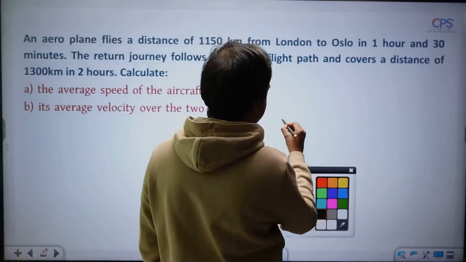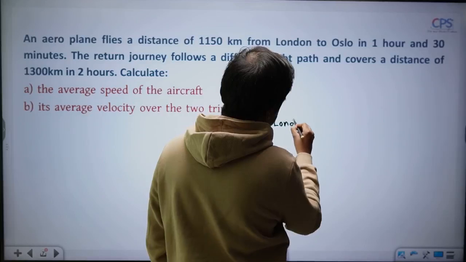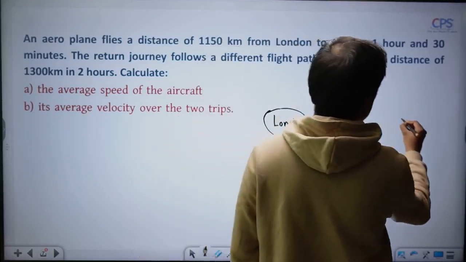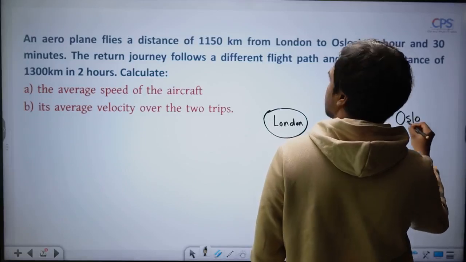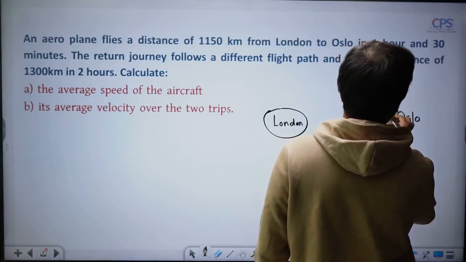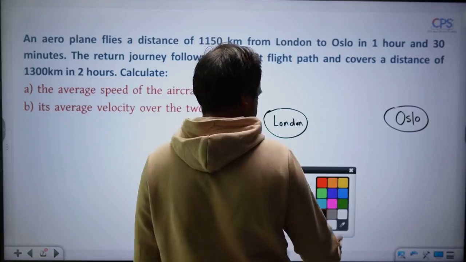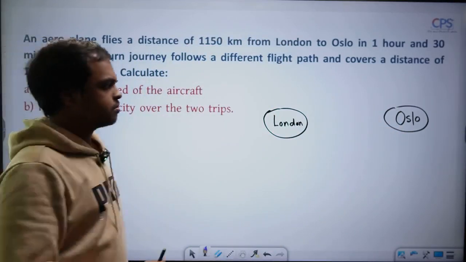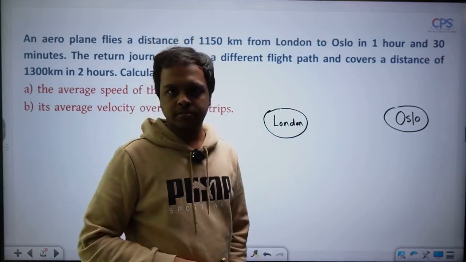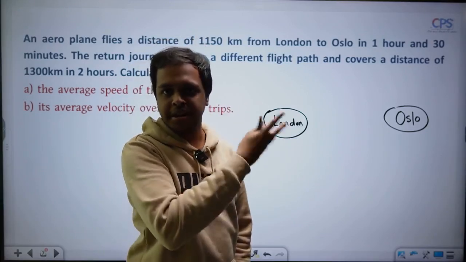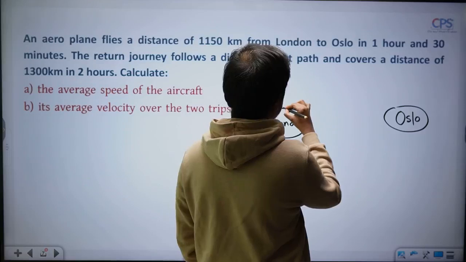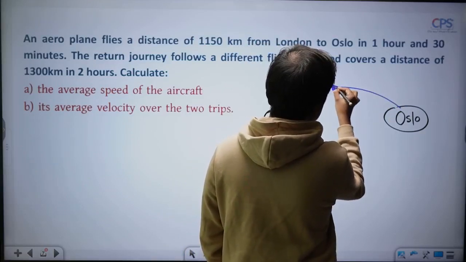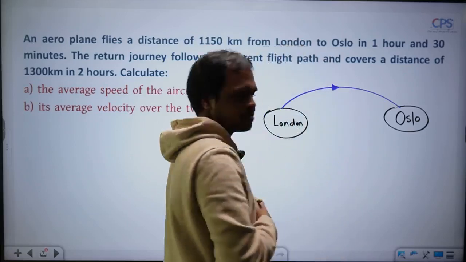So let's say London is here, and let's say Oslo is here. For the first journey, you can assume any path right now because they haven't given you the path. Let's assume the flight path is this way, to make it easier for us.